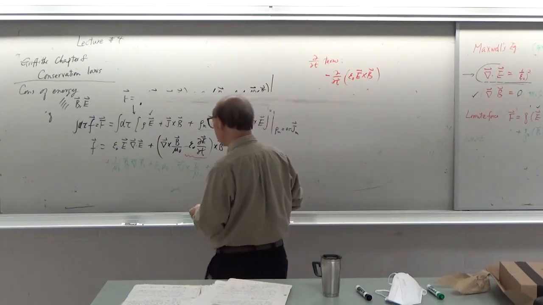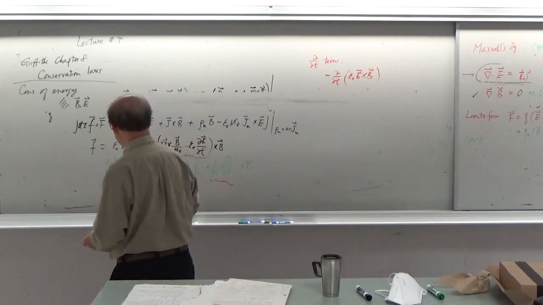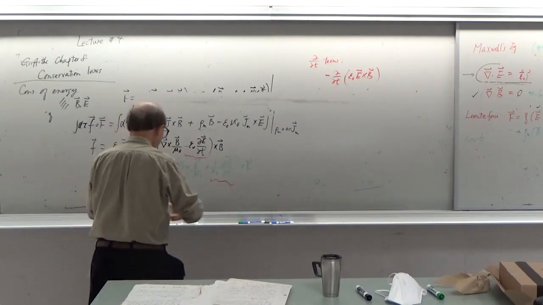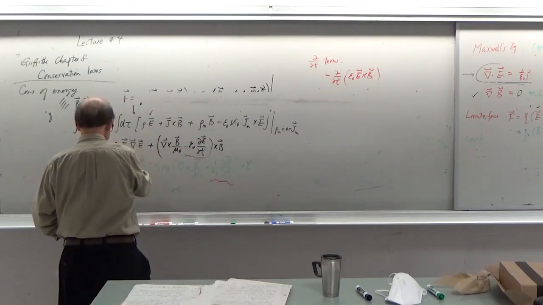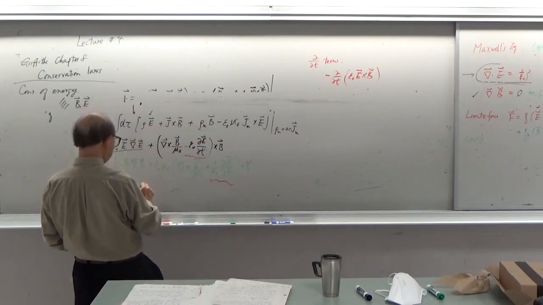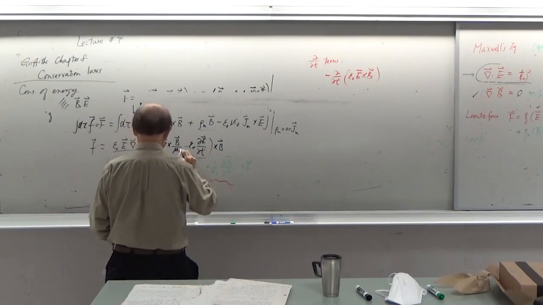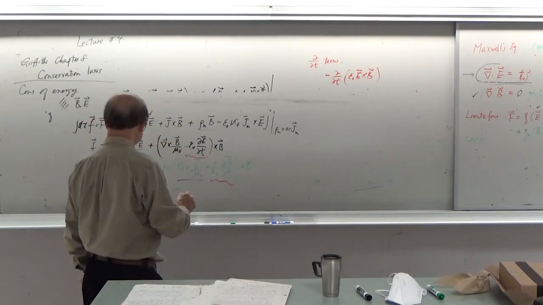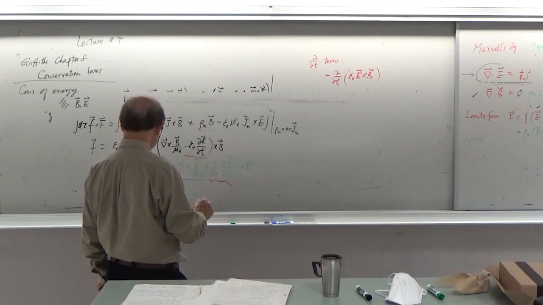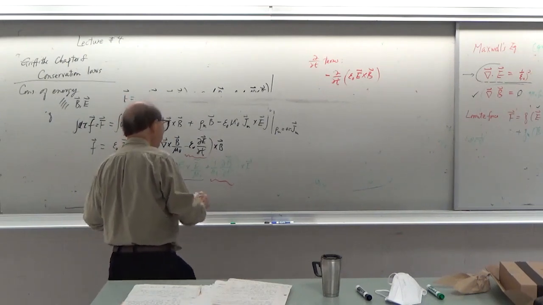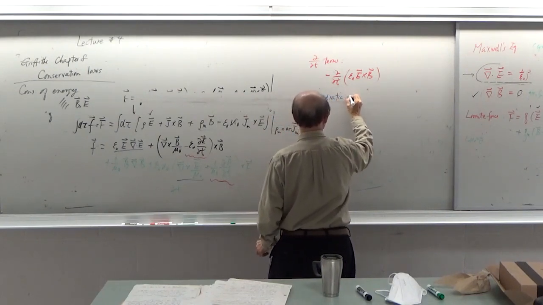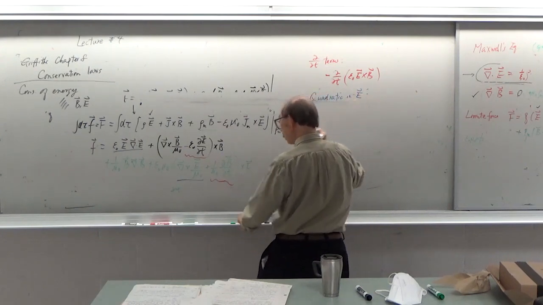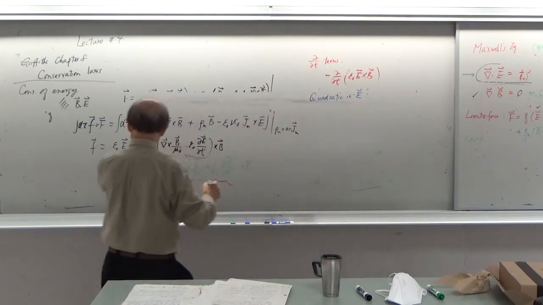Next, let's take a look at the terms quadratic in E. Quadratic in E, this green color, this, and this. Cool. Okay, so let's see, what do I have? Quadratic, these two terms.